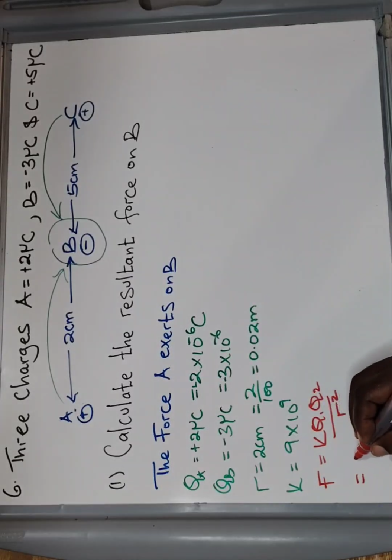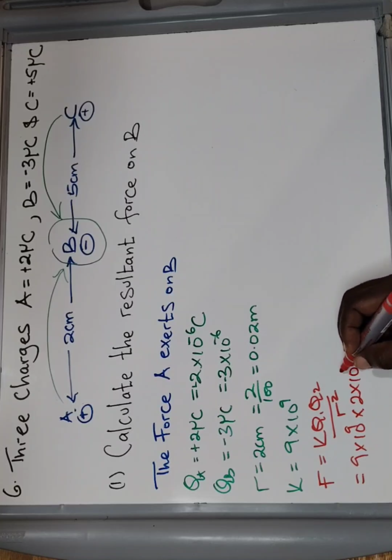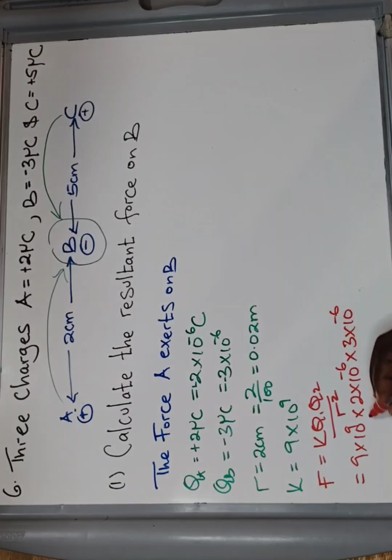We are going to have our K, which is 9 times 10 power 9, our QA, which is 2 times 10 power minus 6, and our Q2, which is 3 times 10 power minus 6.